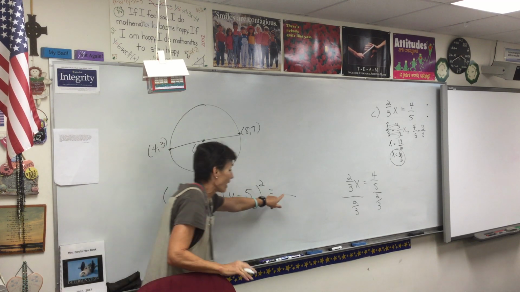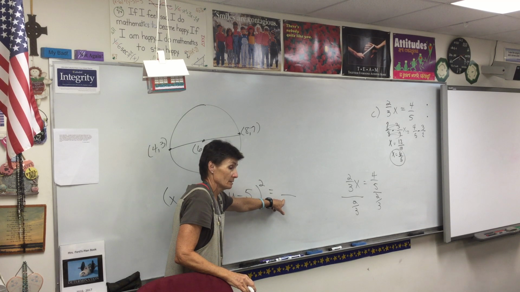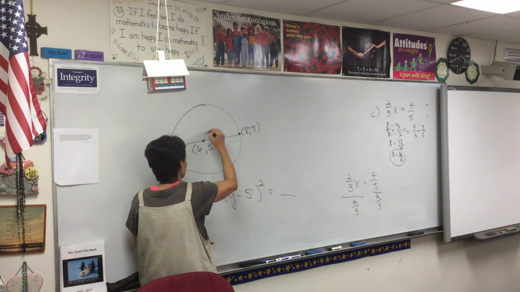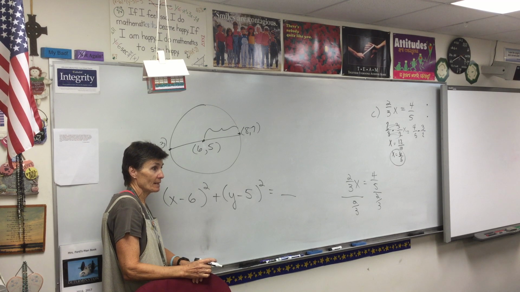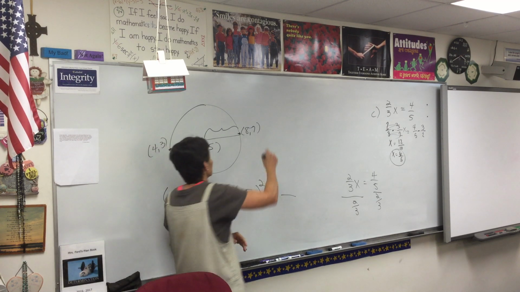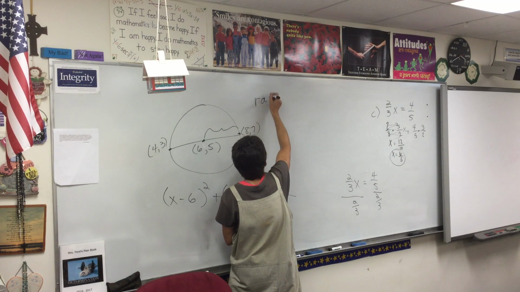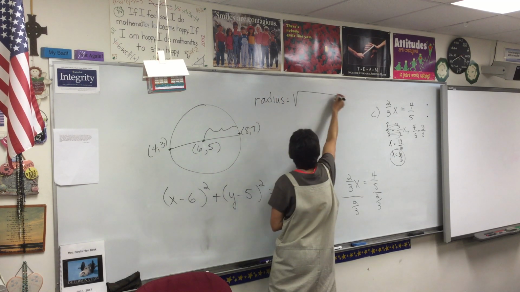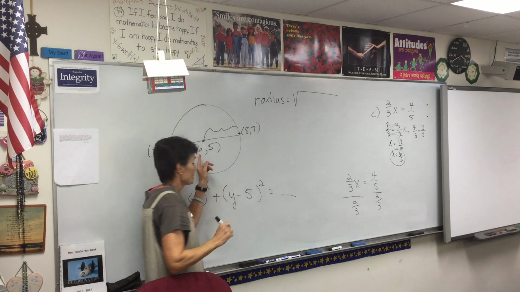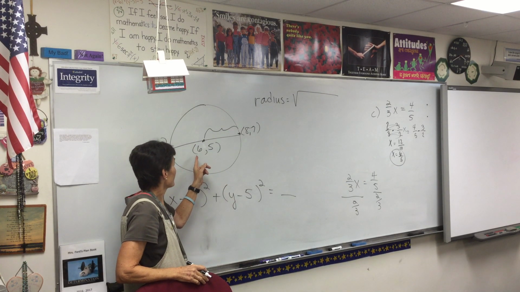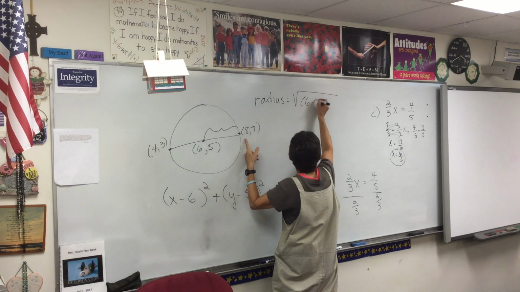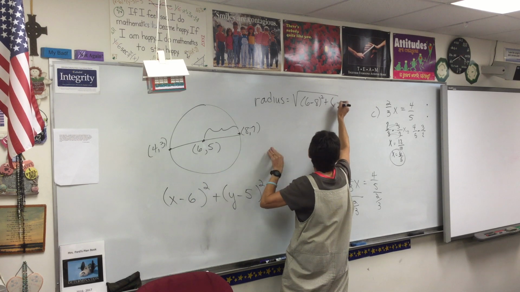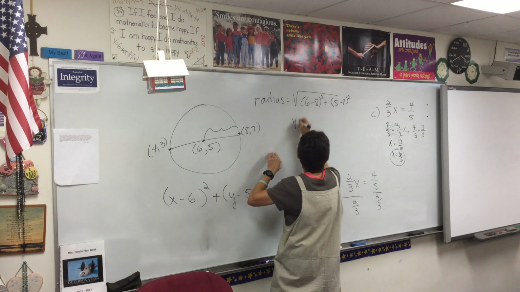Now to find this guy, I need to know the radius. And this will be the radius, right? So that means I'll need my distance formula. So how does that work again? 6 minus 8 squared and 5 minus 7 squared.